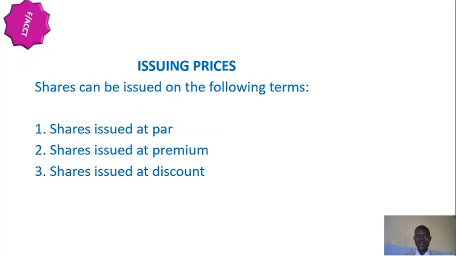For the ordinary shares, it was further divided into deferred shares or founder shares and preferred shares. Then we noted that ordinary shareholders are real owners of the business, while the preference shareholders don't have voting rights. Their shares also have fixed rates of returns. And I pointed out that you may have 5% preference shares, 10% preference shares, depending on the situation.